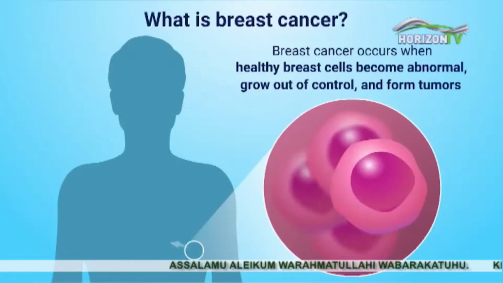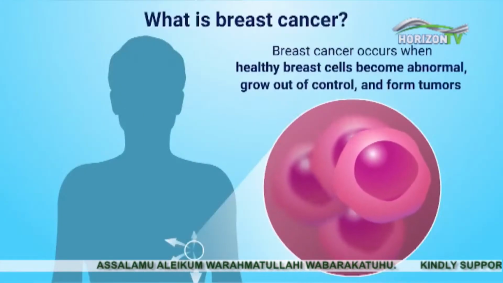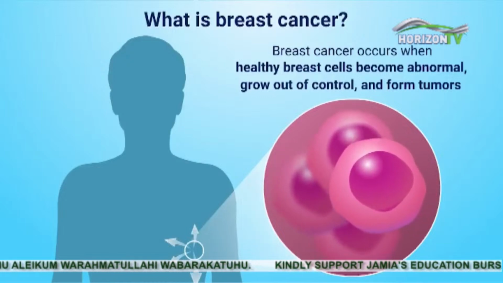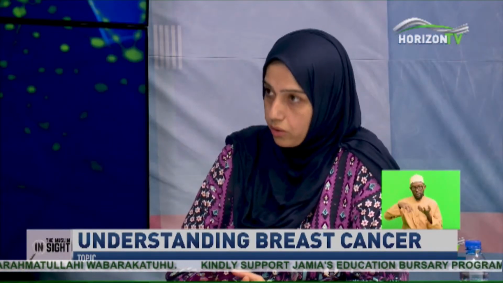Breast cancer is basically, so the problem with cancer starts in the cells. Not just breast, but any form of cancer. It starts with the cell cycle. Normally our cells divide as we grow.